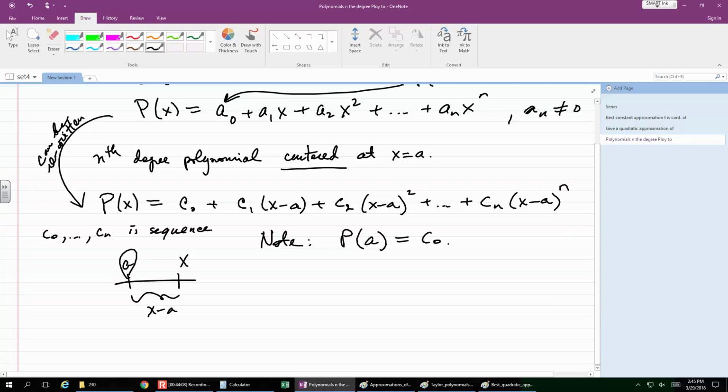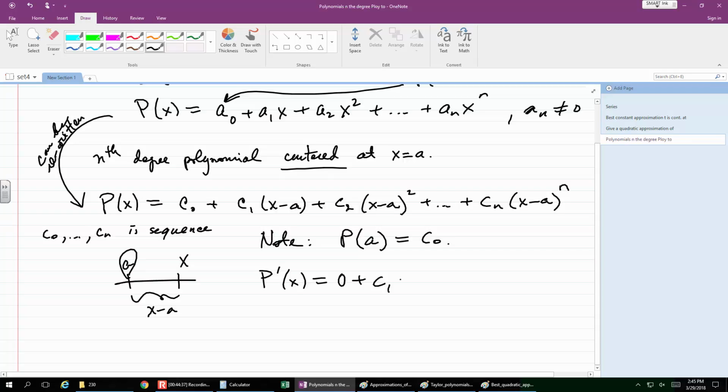Okay, so let's differentiate. P prime of x is 0 plus... we just did it. Very similar. This one is simpler except more terms. Derivative of C1 times x minus a? It's C1.